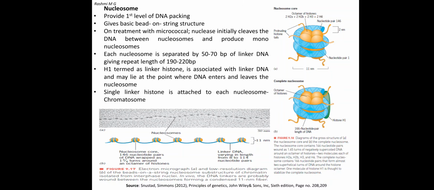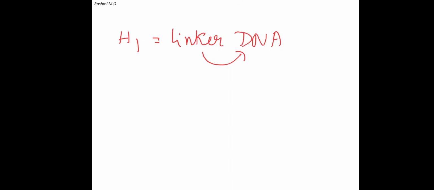In addition to the core histones, there is another histone protein, H1, which is known as the linker histone. It links the DNA and is associated with linker DNA, and may lie at the point where DNA leaves the nucleosome.